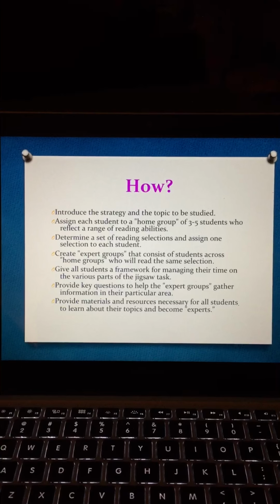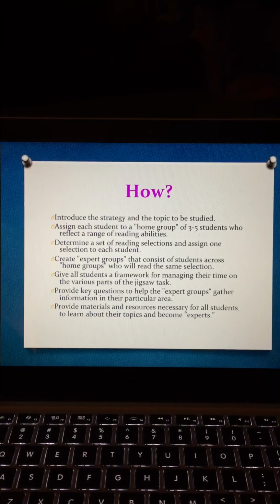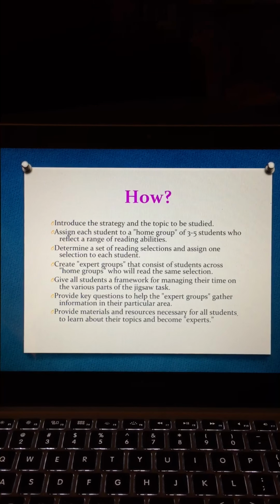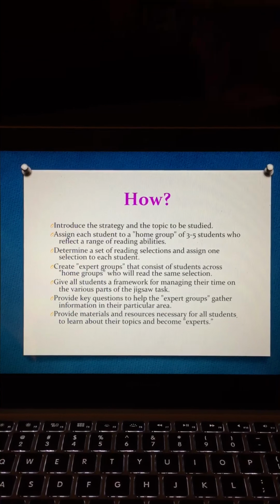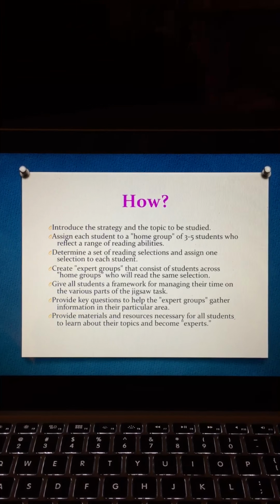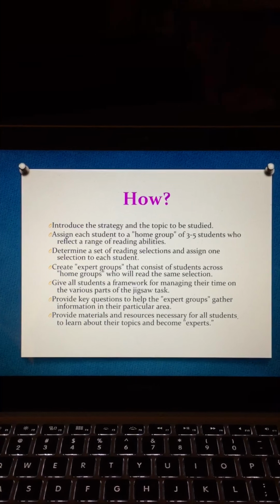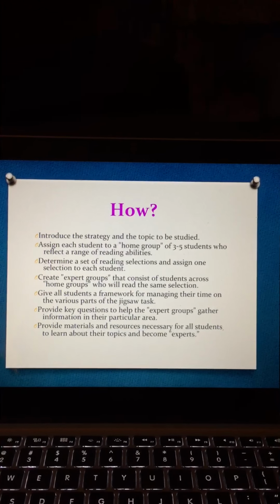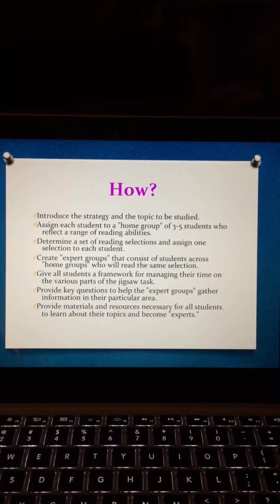You give all students a framework for managing their time on the various parts of the jigsaw task. You will provide key questions to help the expert groups gather information in their particular area. The teacher will also provide materials and resources necessary for all students to learn about their topics and become quote-unquote experts.